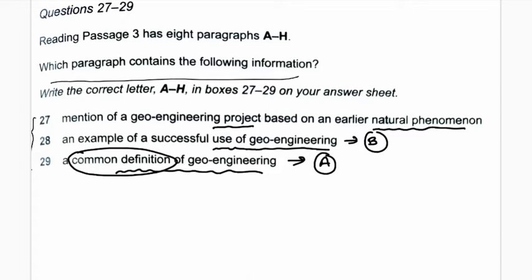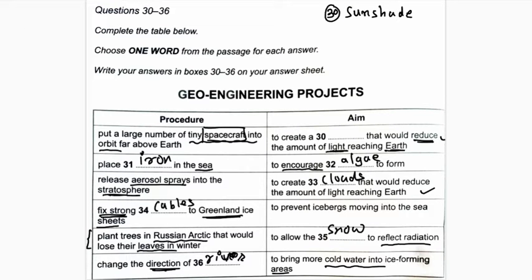So number 27, just check, guys, mention of a geoengineering project based on an earlier natural phenomenon. So all the points which we have discussed in paragraph D were held naturally only, right? So we can say that this point can be satisfied by paragraph D. Okay, but guys, till now we have not found any of the authors yet, right?